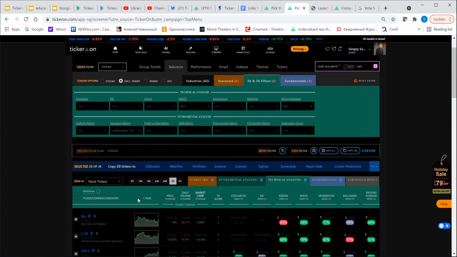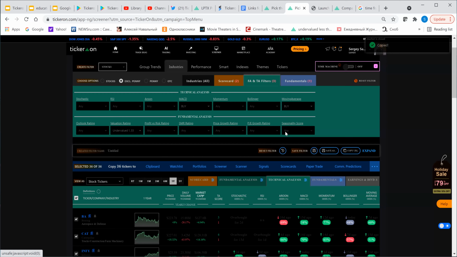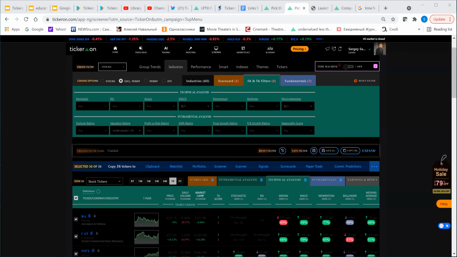Expand the list. Click 36. Now I activated my blue bar, and I can create another watch list or copy to the clipboard. Again, I'm going to copy to the clipboard, and just for you to see that list, I'm again posting it right here to the chat.